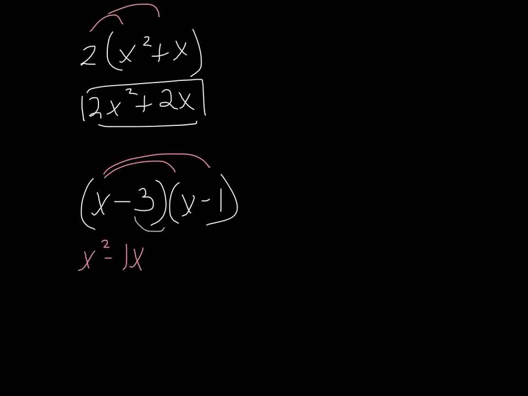And then I need to also multiply the negative 3 against everything in the second parenthesis, so I get negative 3x, and negative 3 times negative 1 is positive 3. And now I look for any like terms. Always want to simplify my answer. X squared has no like terms. Negative 1x minus 3x has like terms, so that's negative 4x, and plus 3. That's my answer.